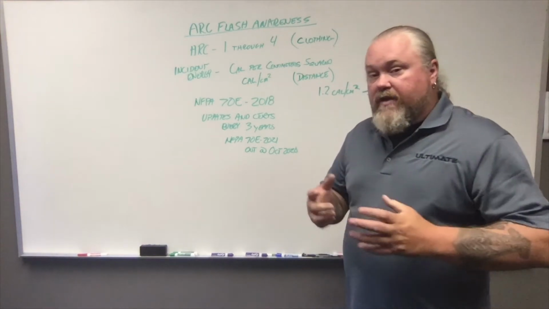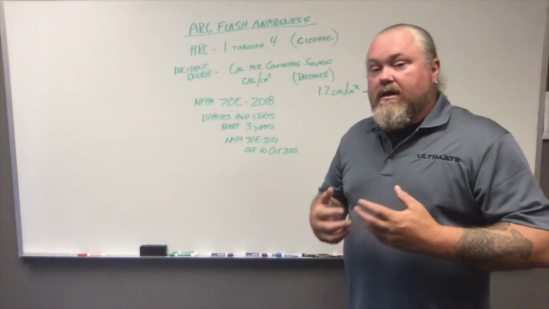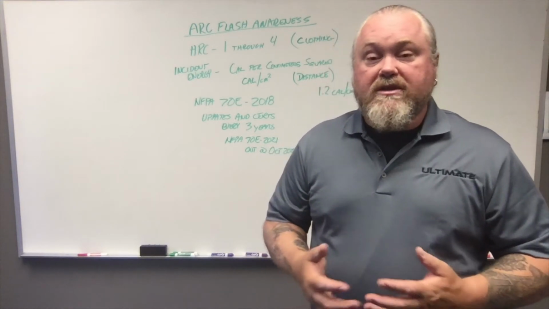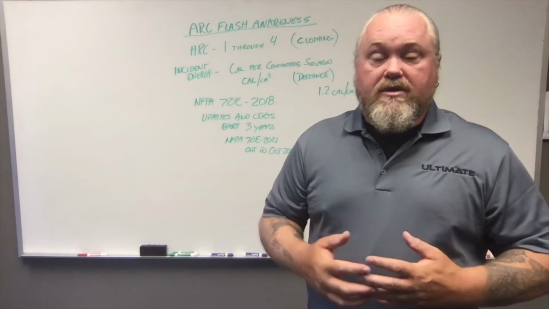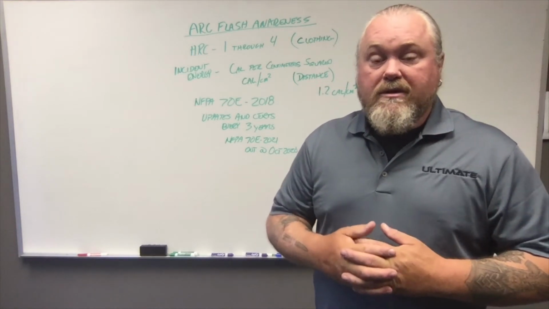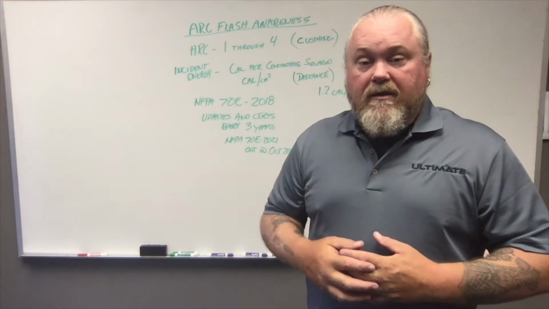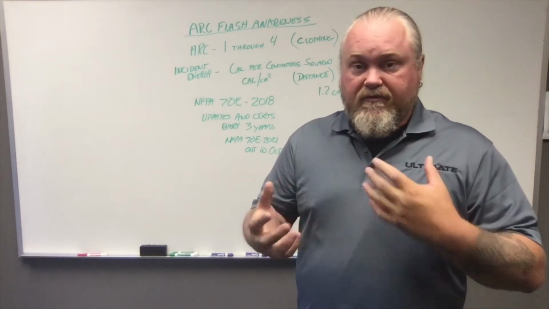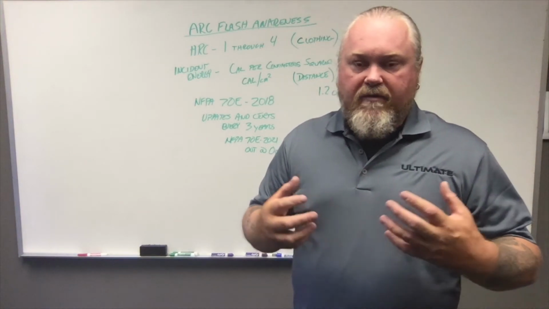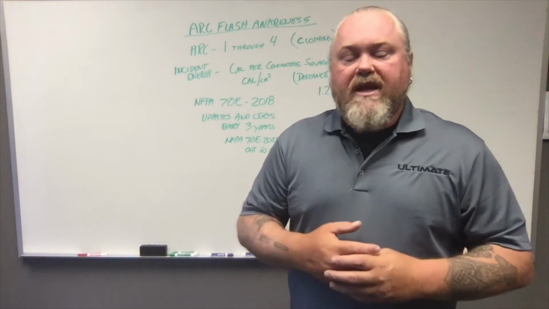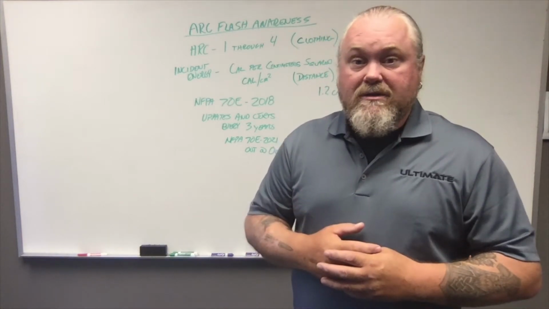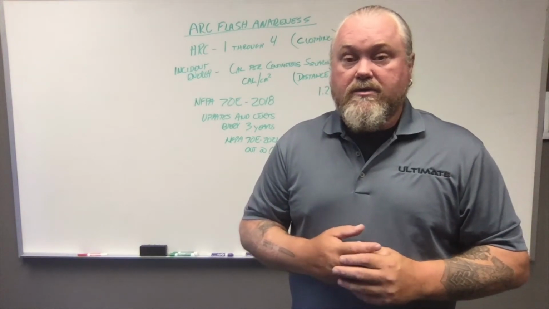But we want to understand that when we get to working on, let's say, a 480 panel, and we're dealing with a 30 amp system, it can produce up to about 8 calories per centimeter squared worth of heat. And that's when we need to be wearing some protection mechanisms in place to keep us from getting exposed to that heat. But if we have bare skin available, we need to understand it only takes 1.2 calories per centimeter squared to blister human skin. And that's not much according to the HRC protection categories when we get into it.